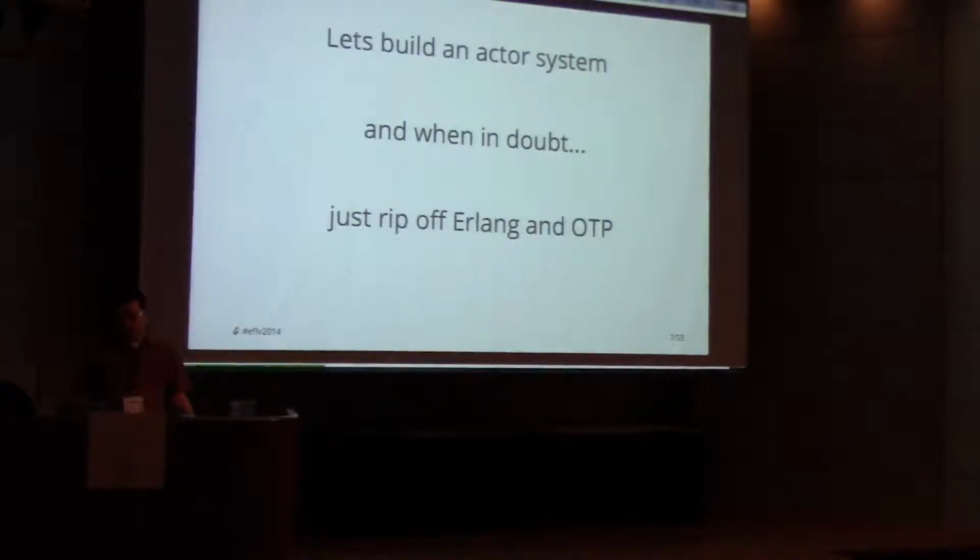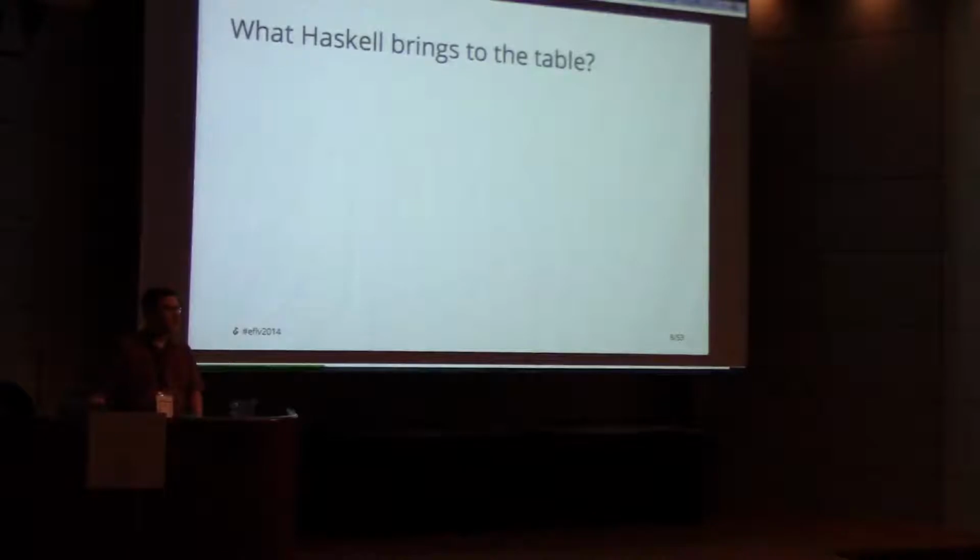Okay, so why the focus on staying in Haskell and not going to Erlang if you want OTP? There's a lot of things that Haskell brings to the table. Like, we have types, you don't, duh. That's the first thing. You want types to make your software safer.